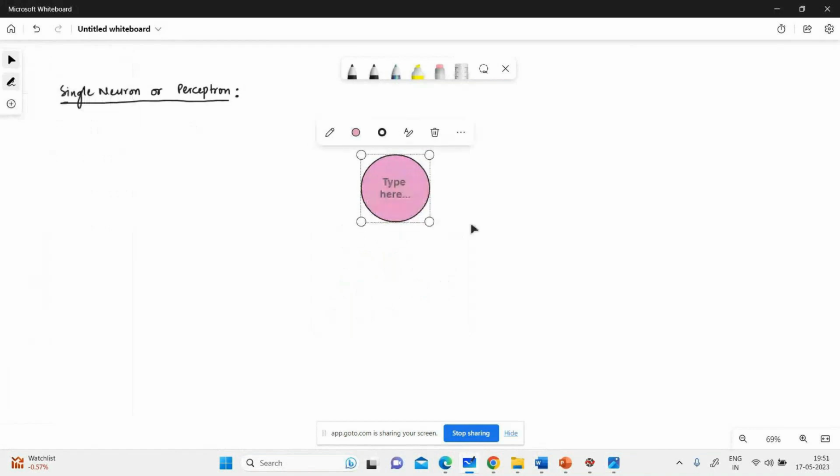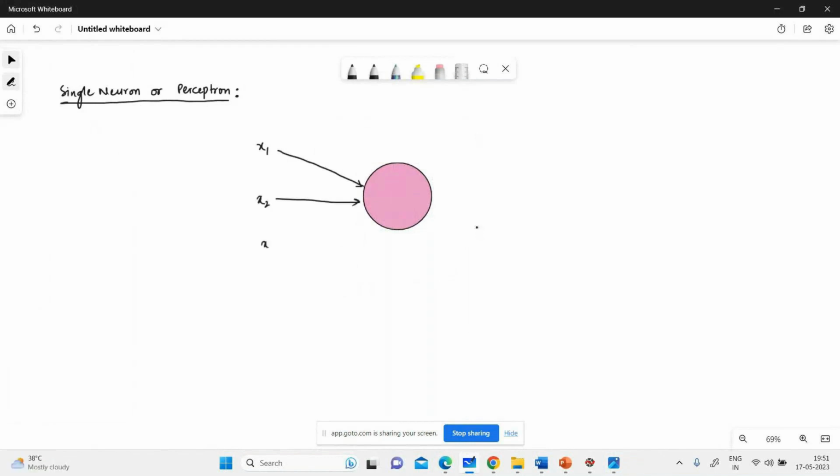Remember that a basic neuron will have multiple inputs and a single output. What are those basic inputs here? X1, X2, X3, and it goes all the way till Xn.